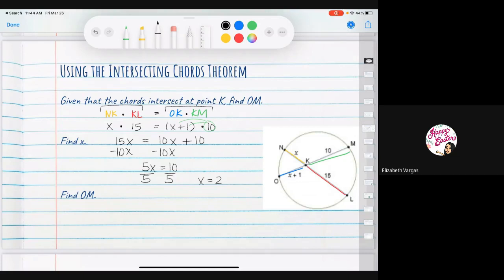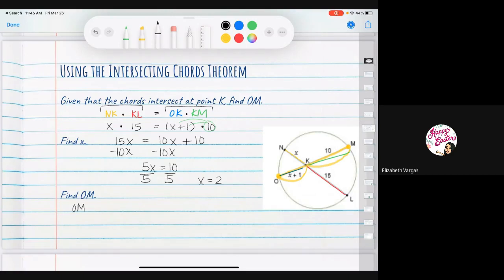Can I solve for OM? Well, OM actually runs from one endpoint to the other endpoint. So what I want to do is add those two parts together to find the entirety.